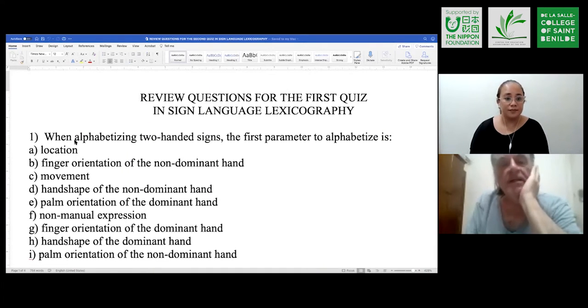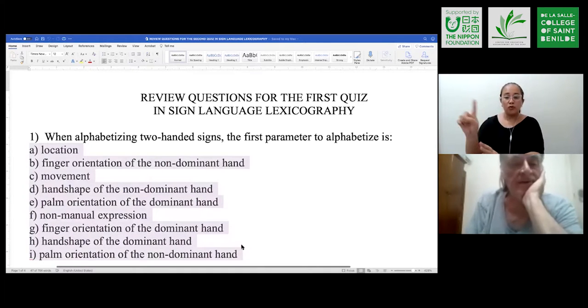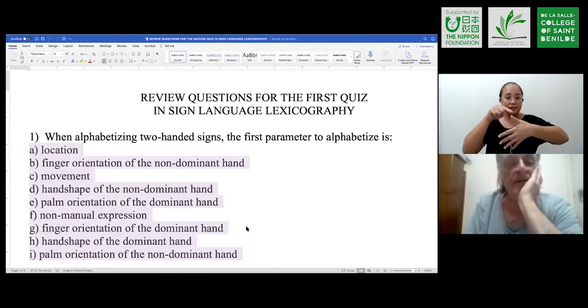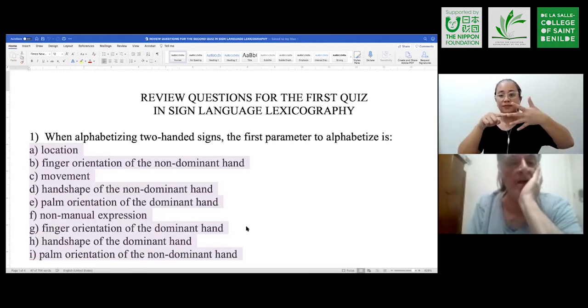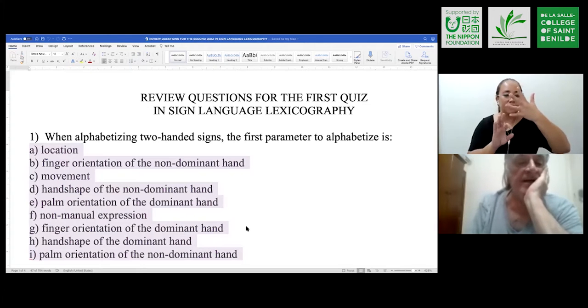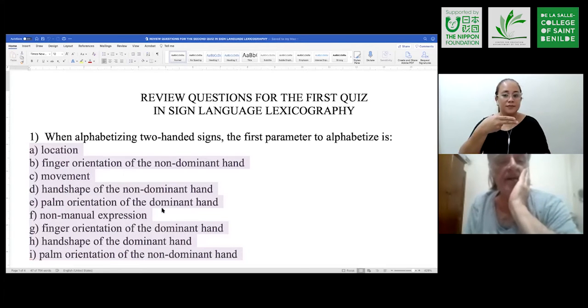So when alphabetizing two-handed signs, the first parameter to alphabetize is A, location, B, finger orientation of the non-dominant hand, C, movement, D, hand shape of the non-dominant hand, E, palm orientation of the dominant hand, non-manual expression, finger orientation of the dominant hand, hand shape of the dominant hand, and palm orientation of the dominant hand.